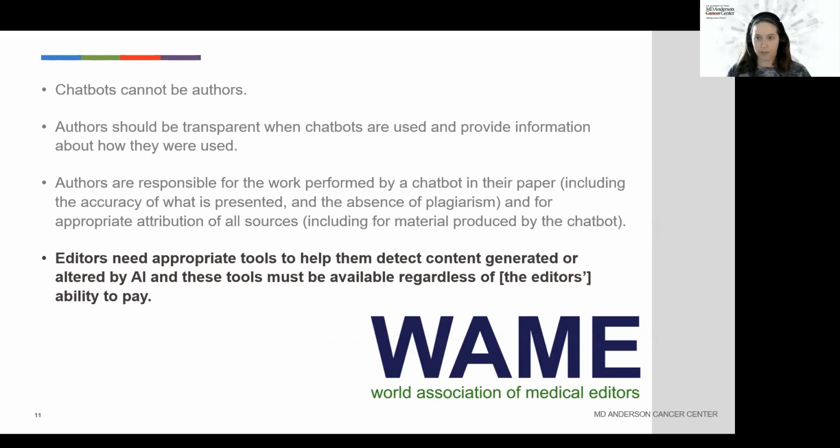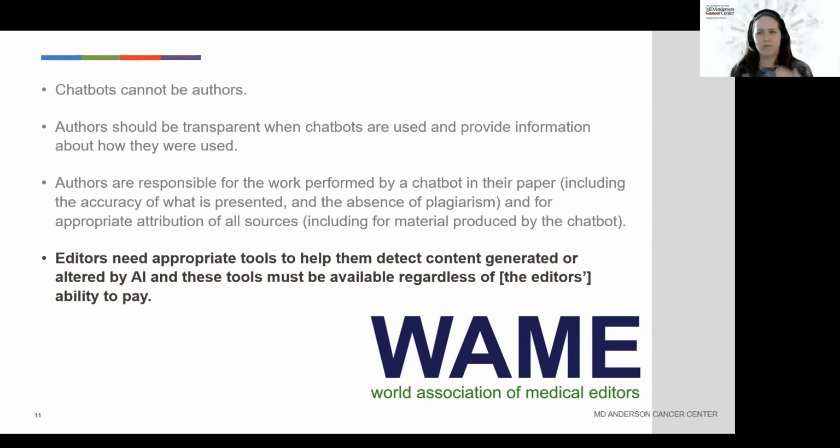OpenAI, which is, I believe, behind ChatGPT, has a tool of its own that it's creating, as well as Turnitin, which is the maker of Authenticate that we use at our institution, a plagiarism detection software. But Turnitin is also developing software to detect AI-generated text as well. So those tools are being developed right alongside the tools that are used to detect plagiarism.